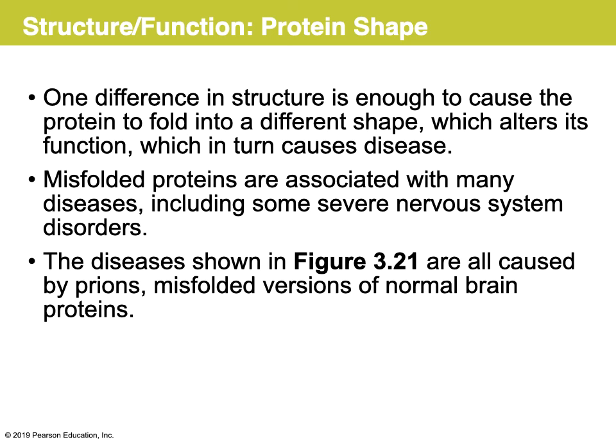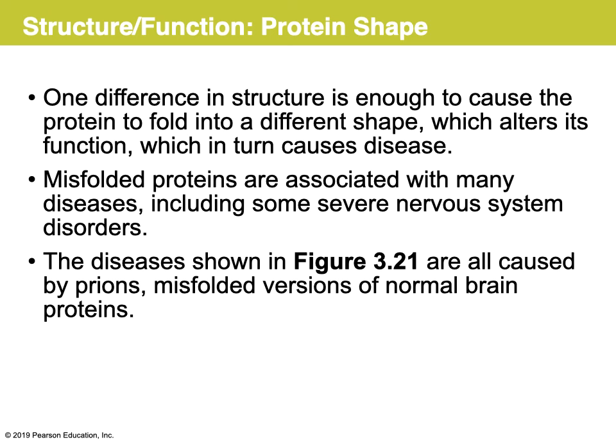And misfolded proteins are associated with many diseases, including some of the serious nervous system disorders. The diseases shown in the next slide are all caused by prions. Prions are misfolded versions of normal brain proteins. Prions are really bizarre, because we think of living things as having certain characteristics.